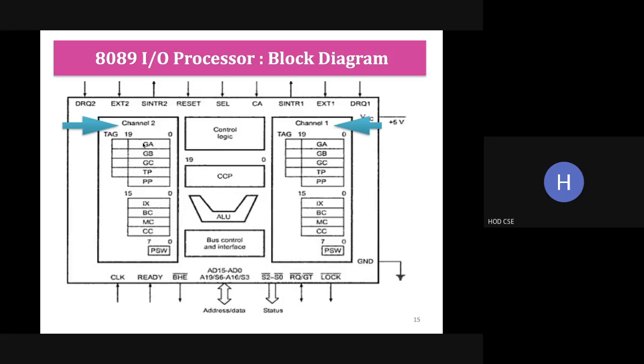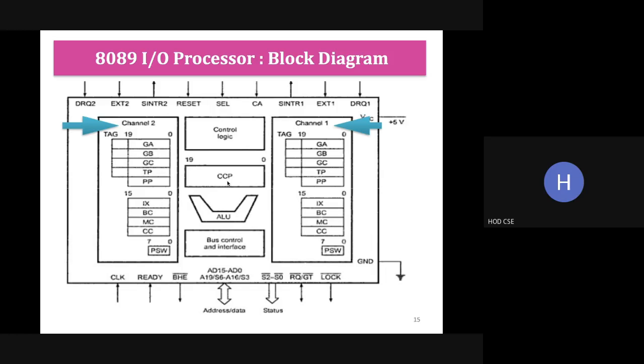So for each channel we have 2 sets of registers, 20-bit and 16-bit. These are the 20-bit registers, and these are the 16-bit registers. And PSW, the program status word, is an 8-bit register which is used to read the status. Common to the 2 channels, 1 and 2, we have a channel control pointer. CCP is the channel control pointer.